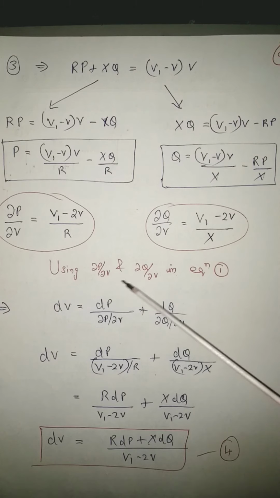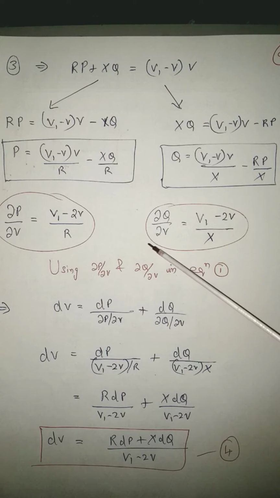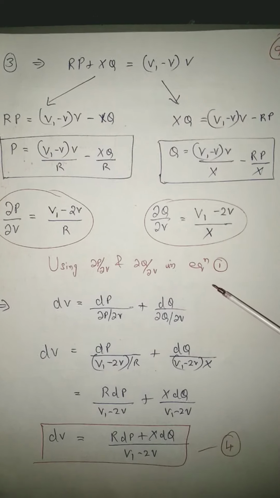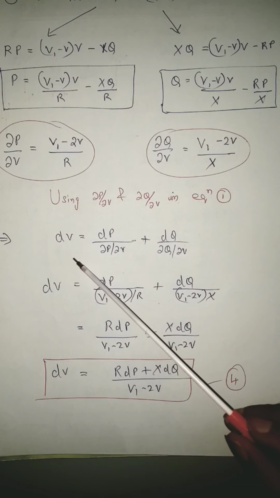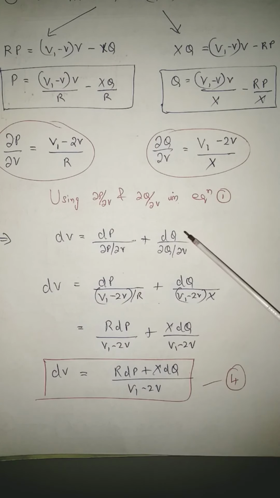Now let us use these partial derivatives of P and Q with respect to V, whatever we have got, back in equation number 1. We already had equation number 1, which is dV equal to dou V by dou P times dP plus dou V by dou Q times dQ. So in place of dou P by dou V and dou Q by dou V, I'll substitute these two.